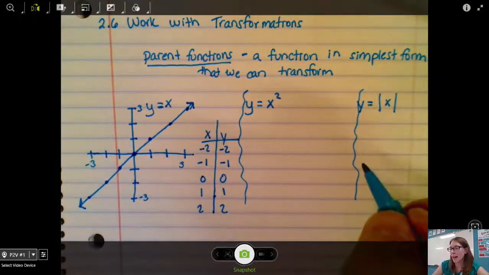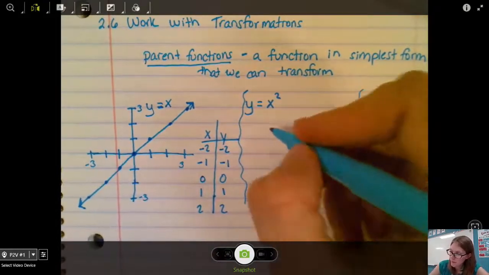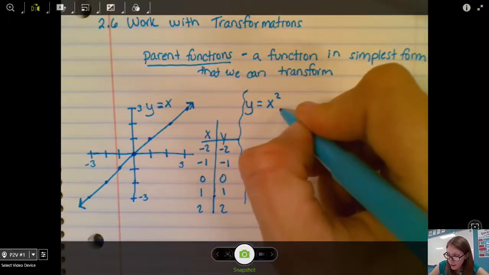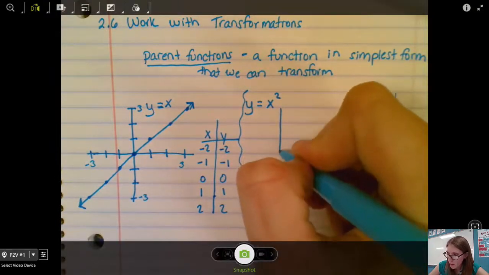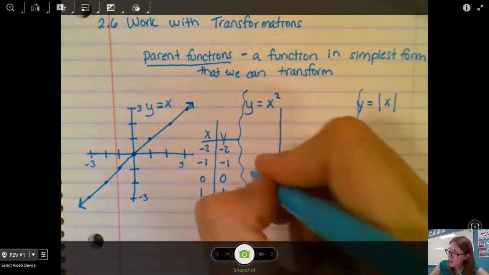All right. My next parent function, y equals x squared. You might remember from algebra what this is going to look like. That this is going to be a parabola, but we'll see why in just a second also.